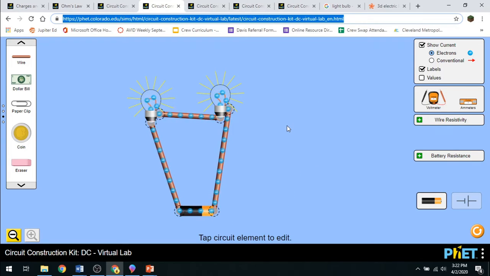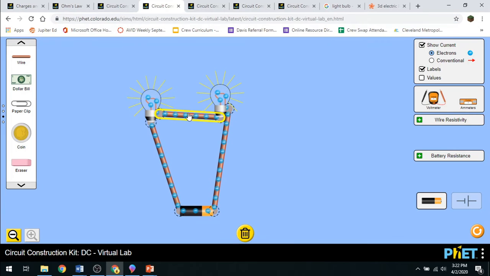Okay, now that we know about circuits, I also wanted to go back and kind of talk about insulators and conductors. So on the left-hand side here, there's lots of different things that could be an insulator or it could be a conductor. So a wire, we can already see, is a conductor because it lets the electrons flow through it.